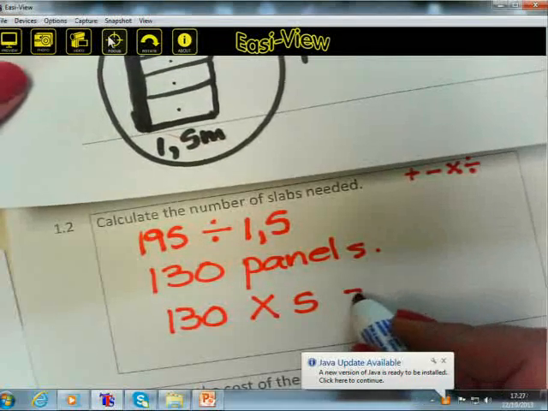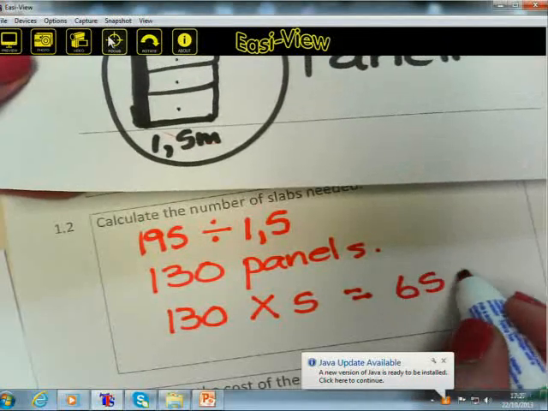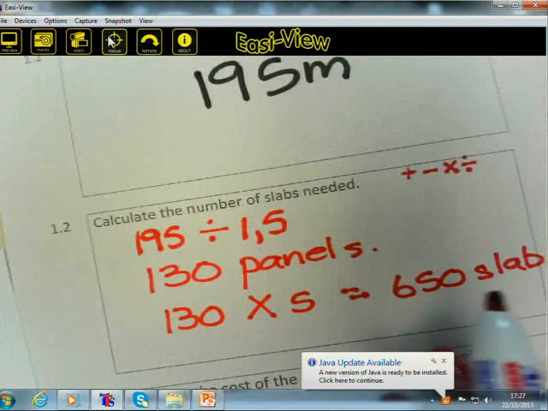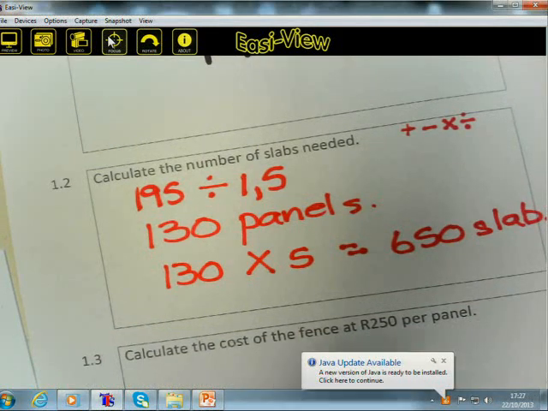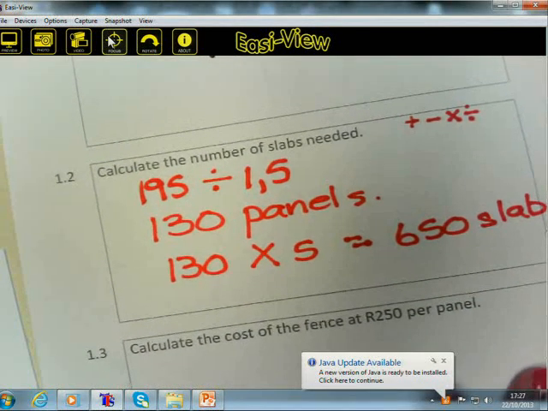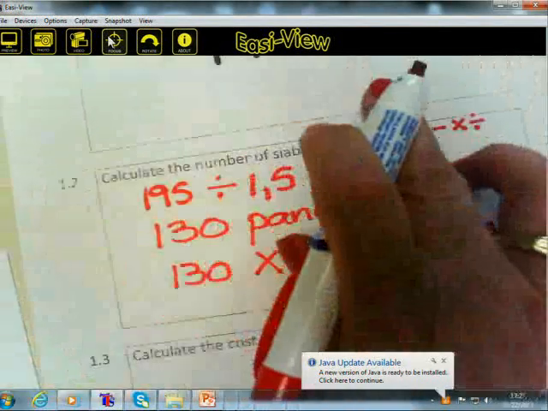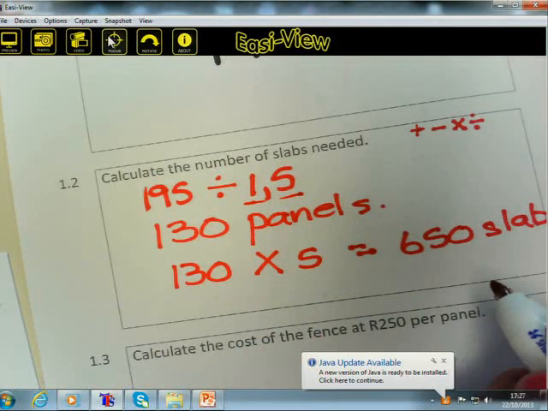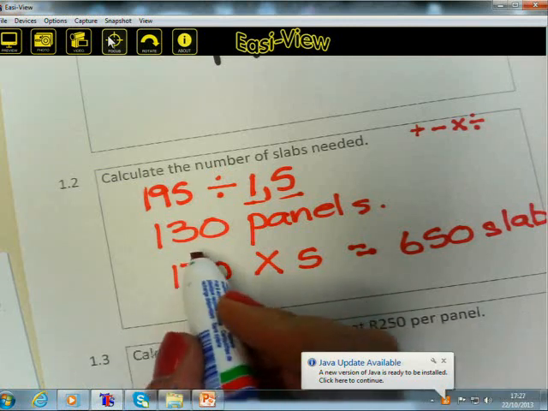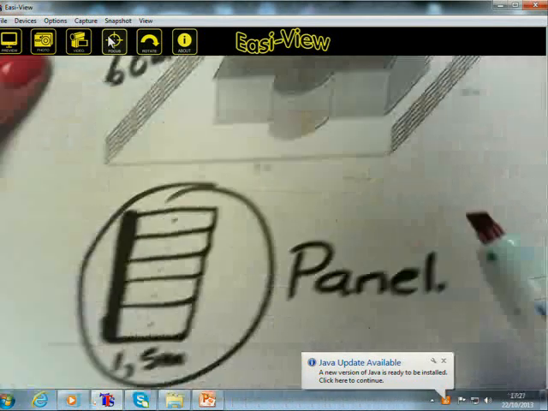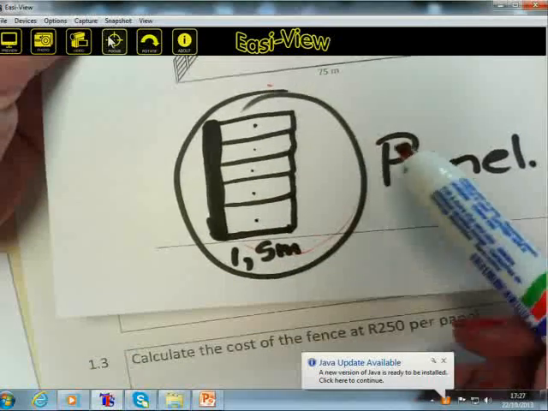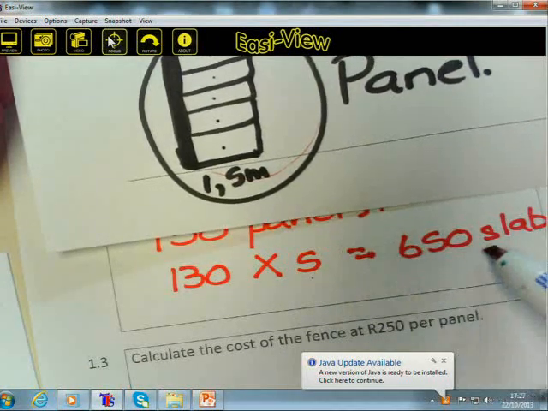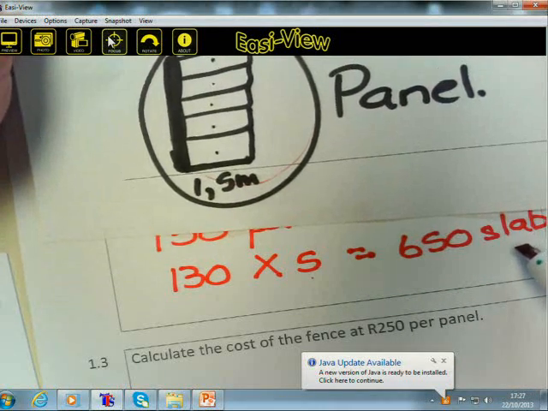And that will give us 650 slabs that you will need for the whole length of that fencing that he wants to put around. So I added up the sides, then divided it into the 1,5 meters for 130 panels, and then I will need 130 times 5. I will need 650 slabs.